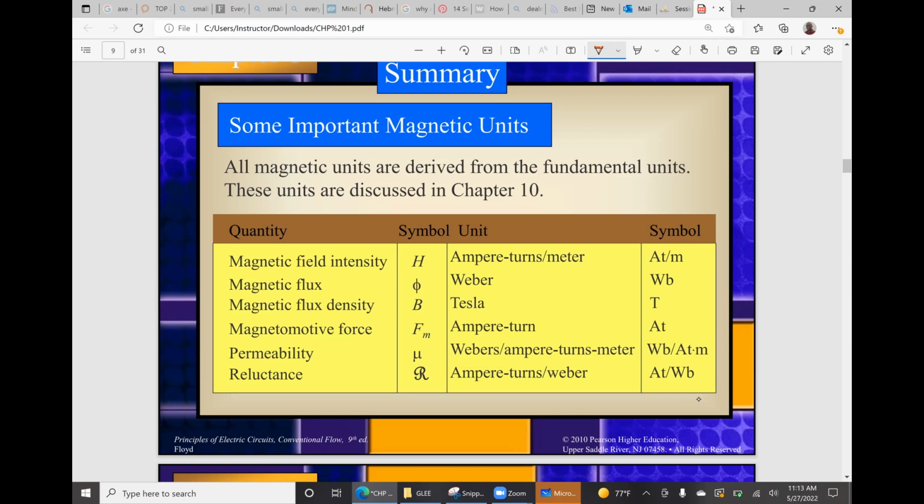We have magnetic flux density, the unit is the Tesla. Magnetomotive force, the unit is ampere turn. We have permeability and reluctance. Now all of these principles are used in the design of motors and the design of generators, which are electronic devices. And so this is one area where you can see the correlation between magnetism and electricity.